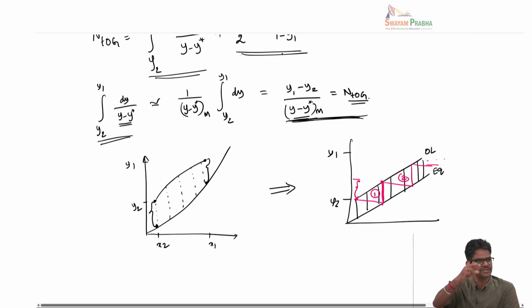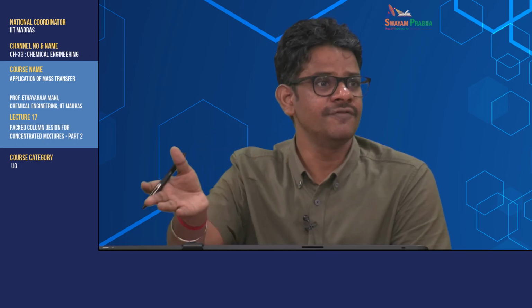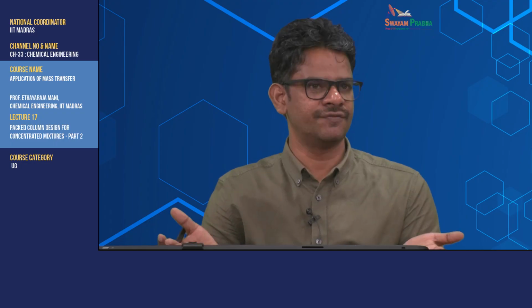This is the actual concentration change in the operating line, that is exactly equal to the driving force available, and we call that one transfer unit. So in one transfer unit, the actual composition change is equal to the average driving force available. This entire column, you're thinking about modules. In one module, one transfer unit, the composition change is equal to the average driving force available. That we call one transfer unit.